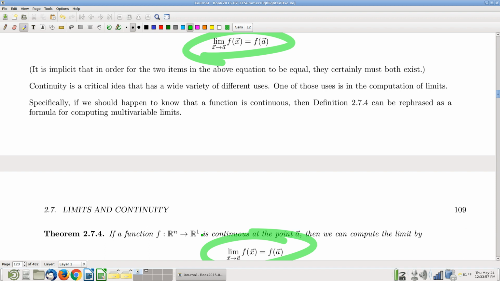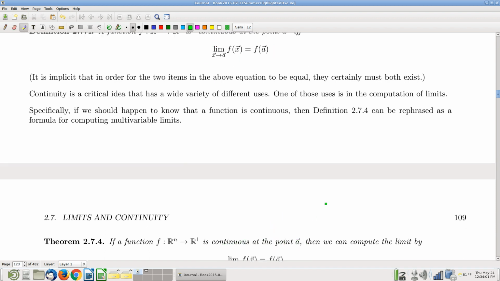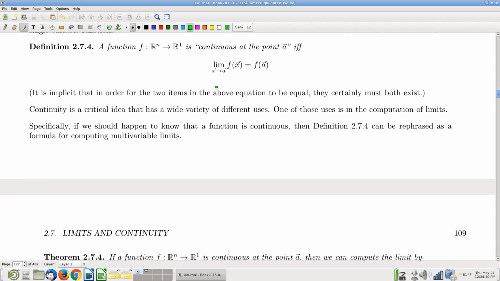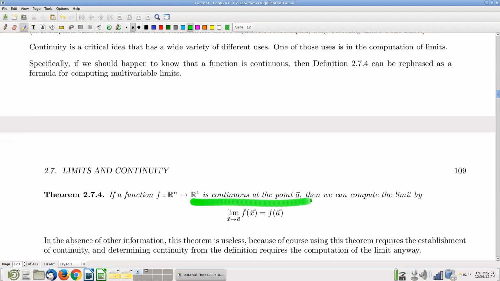Now, y'all should be very uncomfortable with this. What this is suggesting is that, hey, if you compute a limit, you can decide if a function is continuous. And if you know a function's continuous, then you can use that to compute the limit. Doesn't it seem kind of circular? Therefore pointless?